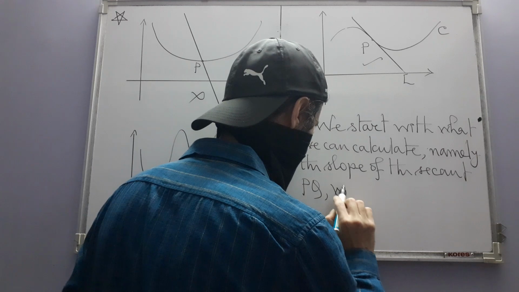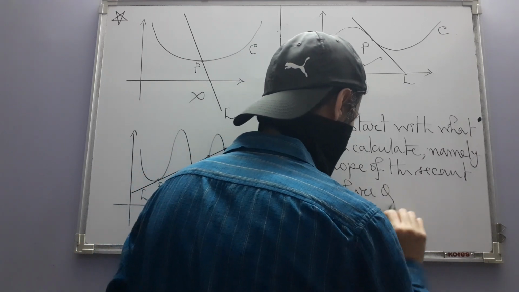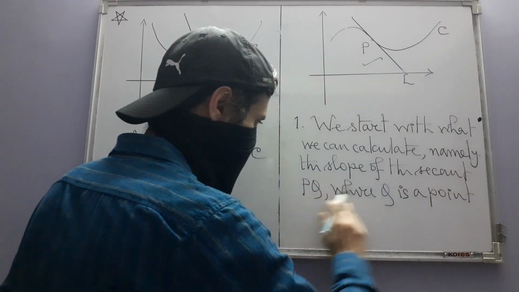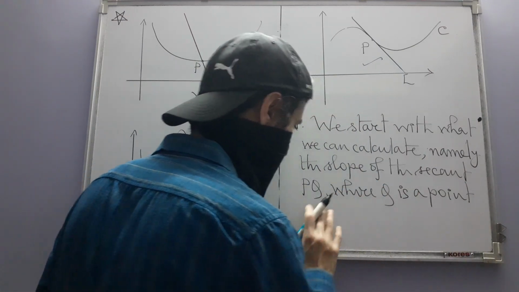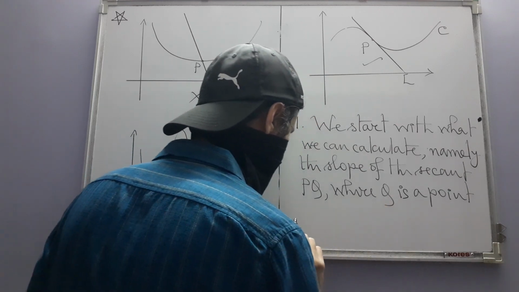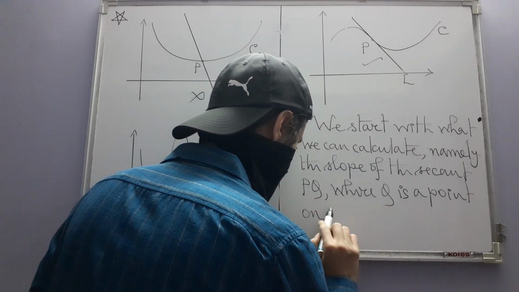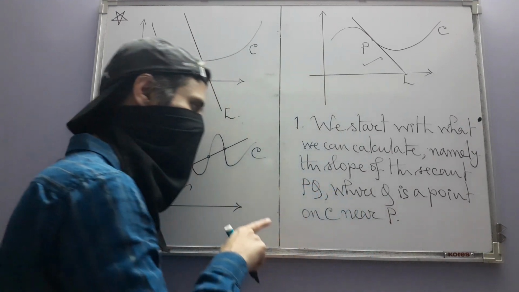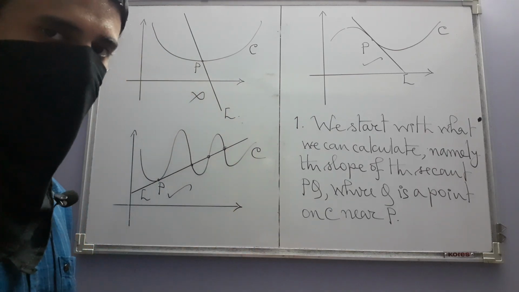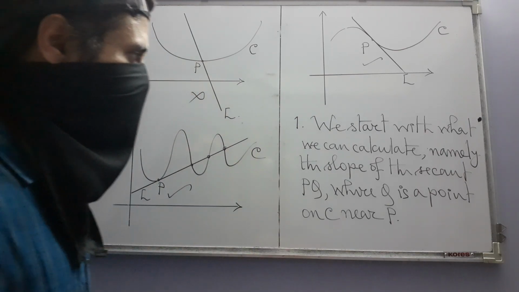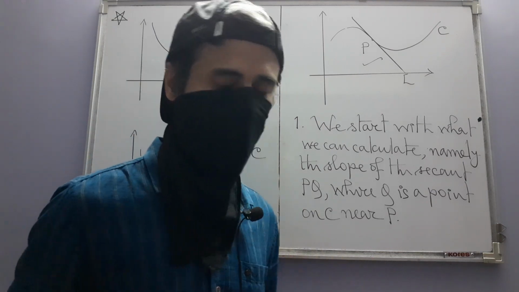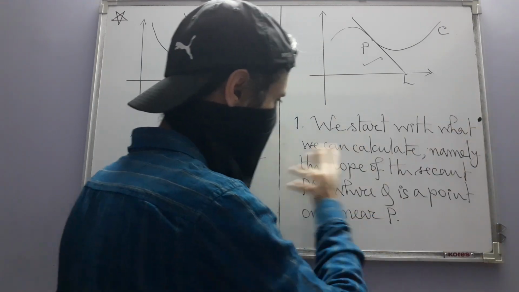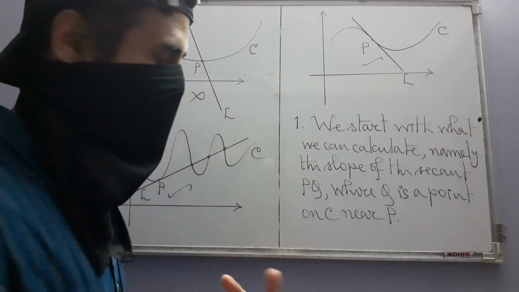Where Q is a point on C near P. P is already on C, but Q is also a point on C which is close to P. And we will make Q closer and closer to P. So what we are saying here is that, say you have the curve, the curve can be whatever shape.